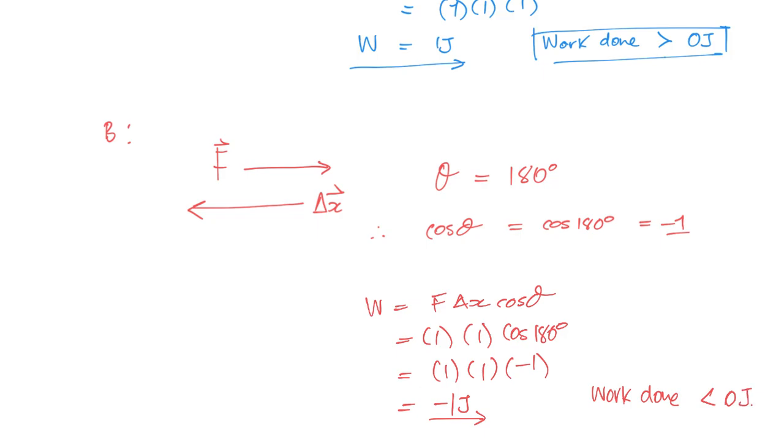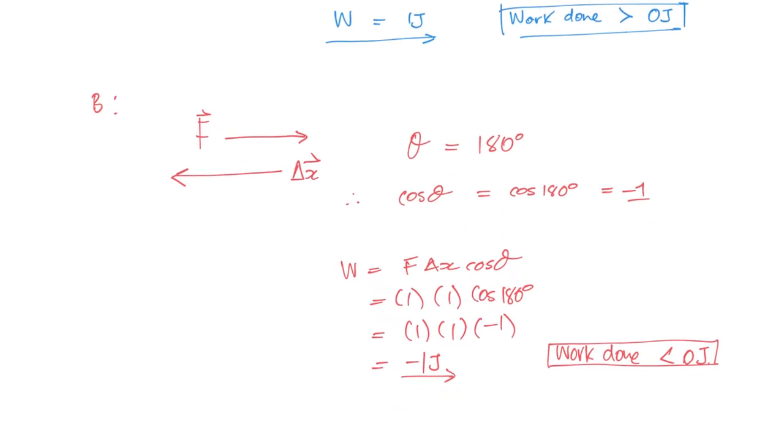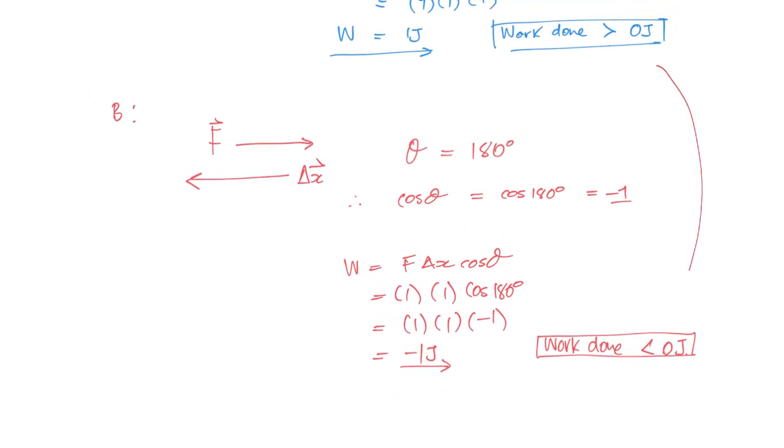Now this tells me some sort of information. When I'm looking at the amount of work being done, work done is my energy usage, or how much energy I'm contributing to the system here.